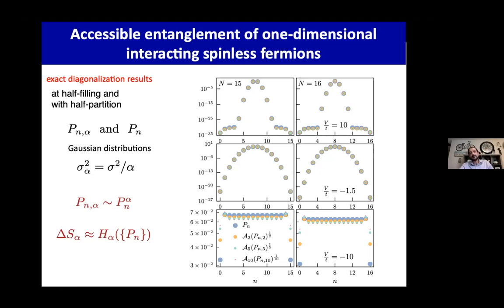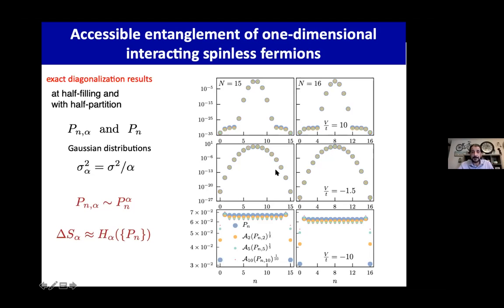So in this case, we test this dependence for the particle number distribution by simply rescaling the P and alpha to the power of 1 over alpha, and we see that all the data collapses onto the same results for P and alpha.